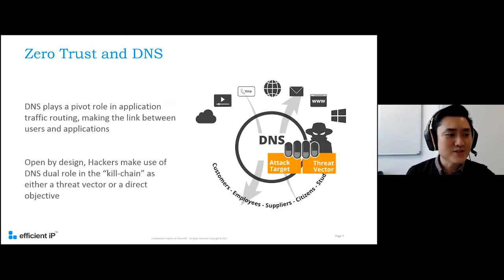Hackers make use of DNS in a dual role in the kill chain, either as a threat vector, for example malware using the DNS protocol to communicate to its C&C servers, or as a direct objective, where a DNS server can be the victim of DoS attacks, which can impact business continuity. Because hackers know that if there is no DNS, there is no business.